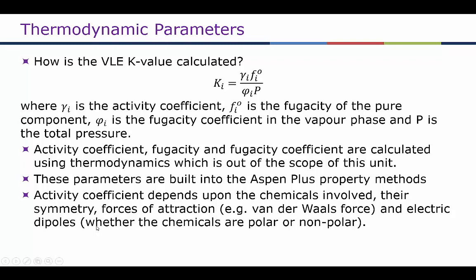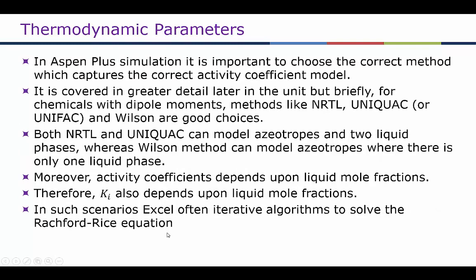Chemicals like water will have a very high electric dipole, so they are polar components. If there are non-polar components, then their electric dipole is smaller. So in Aspen Plus, we can choose a correct property method. To know how to choose a correct activity coefficient model, or to correctly choose a property method, you should look at the previous lecture on equations of state.